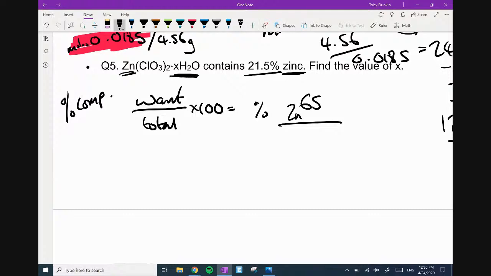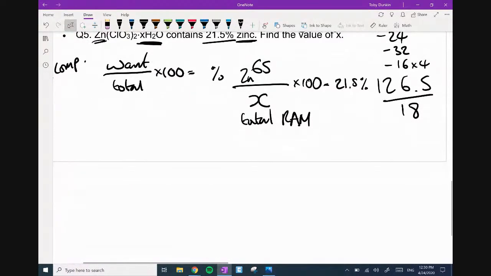Now, we don't know what the total is because X is in it, so we can just look at that as X, the total RMM, or RAM if you like, the total mass of all the atoms added together, times 100 gives me 21.5%. Right, guys, now we can do maths.